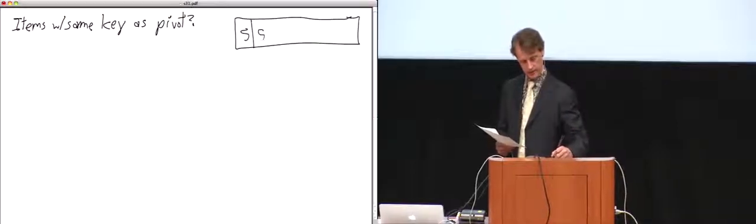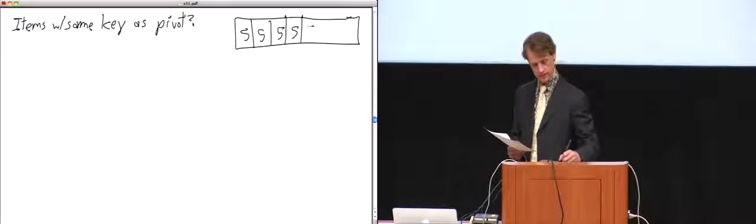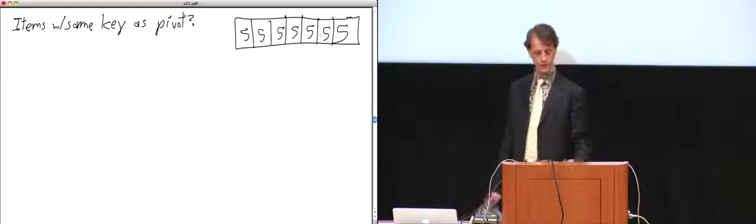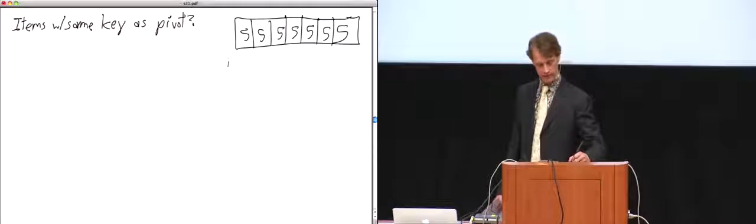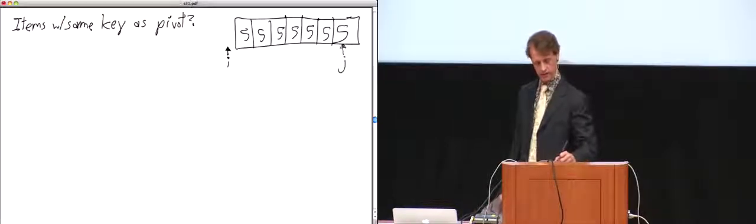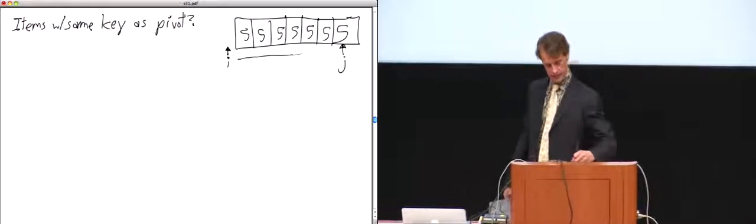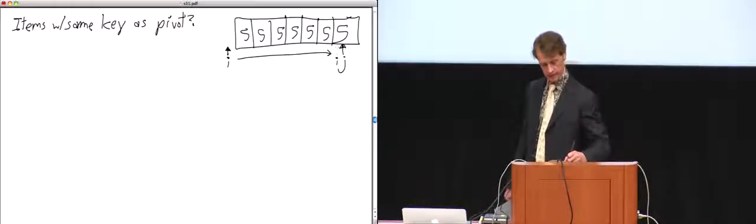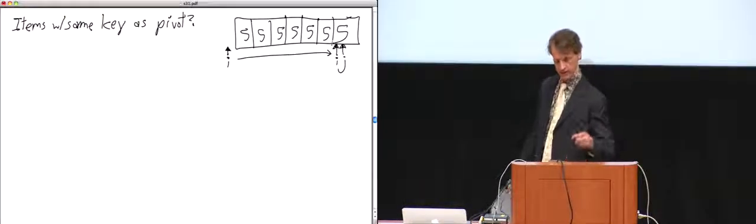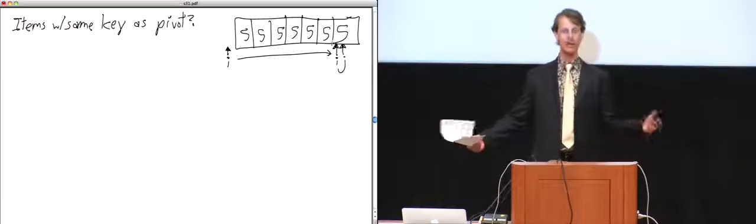So if you have a bunch of 5s, what Goodrich and Tamassia would do is, remember the I starts here, the J starts here. You start moving the I forward and the J backward. The way Goodrich and Tamassia would do it is the I goes all the way over here, stops there, and now you're done.